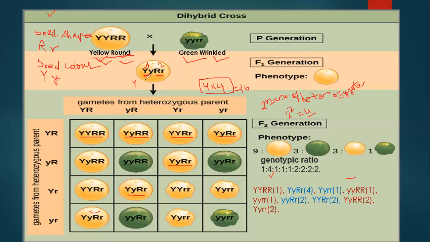And I have already told you how to make the gametes, that the alleles which are present in pairs have to move into 2 different gametes. So this capital Y and this small y will move to different gametes.